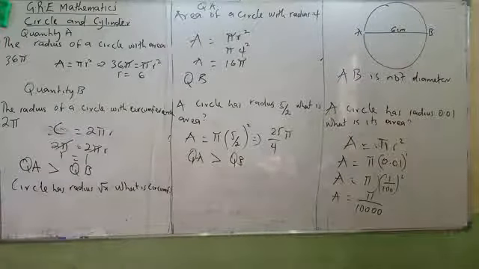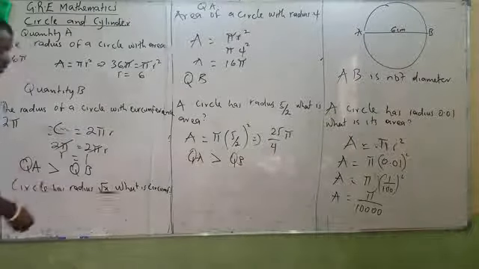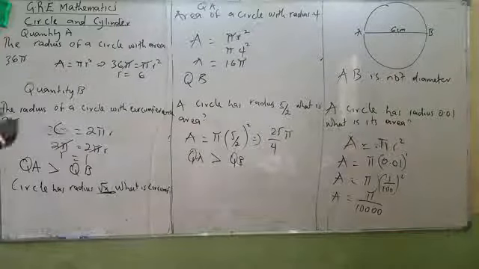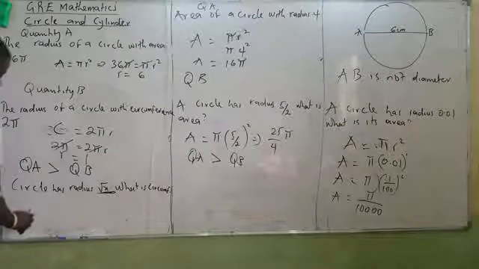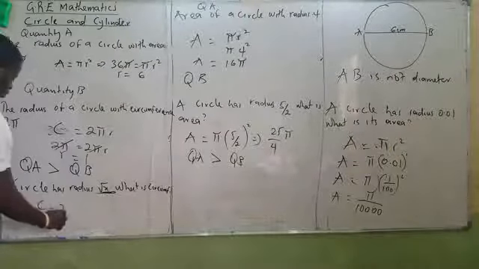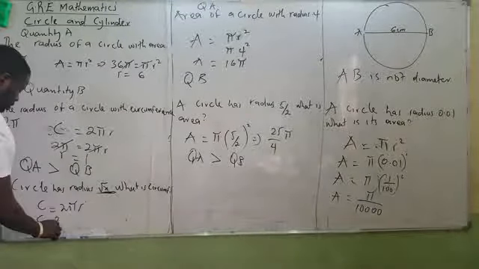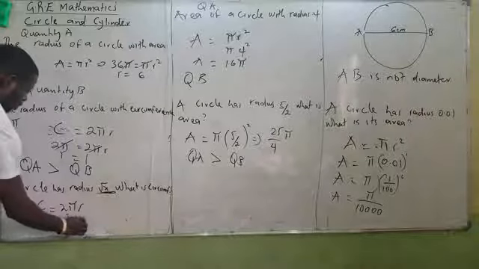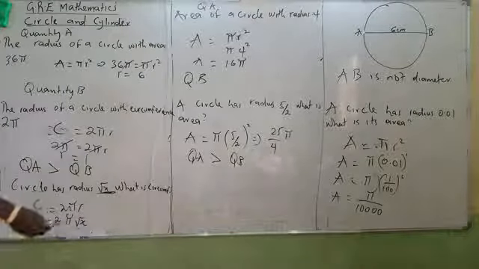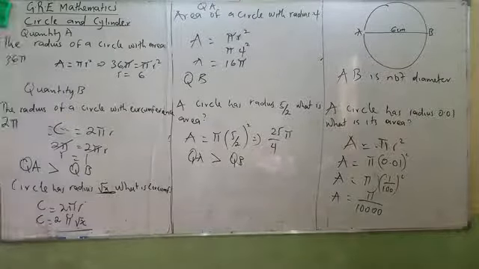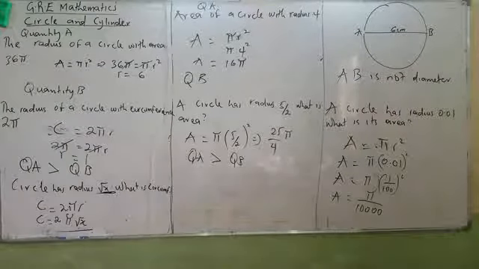Now, just know that this is your radius, and you are looking for the circumference. You don't need to stress yourself. Just say my circumference equals 2 pi r. Now, it means my circumference will be equal to 2 pi root of x. That is my answer. You can't do anything about it aside from that.